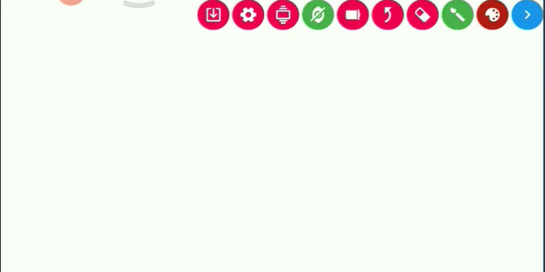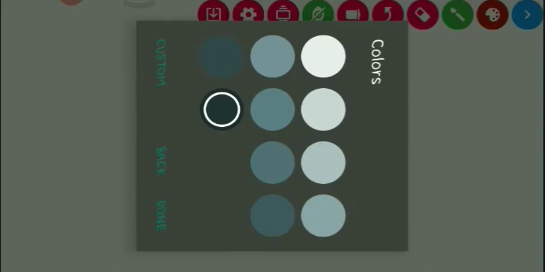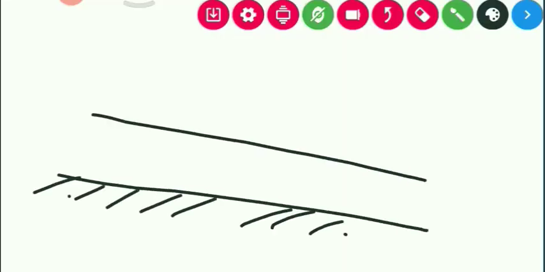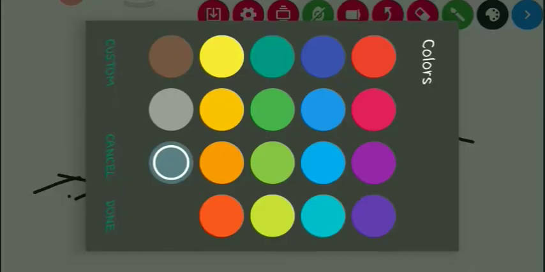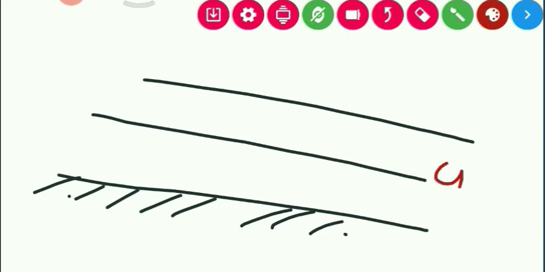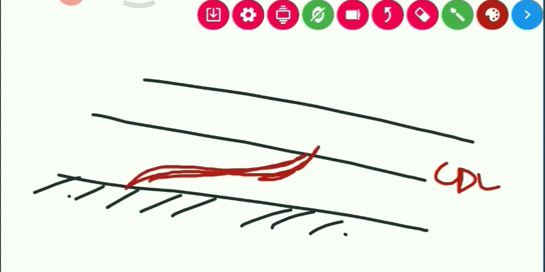So this is the channel bottom slope, and this is the critical depth line, so water will meet here perpendicularly. So this will be the M3 curve.